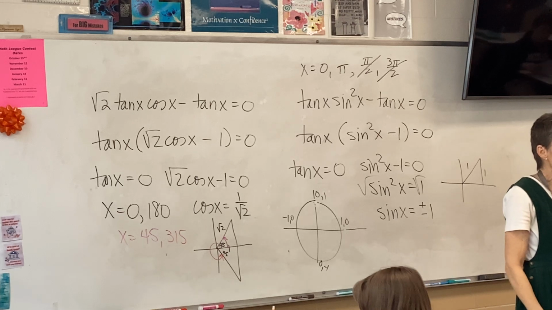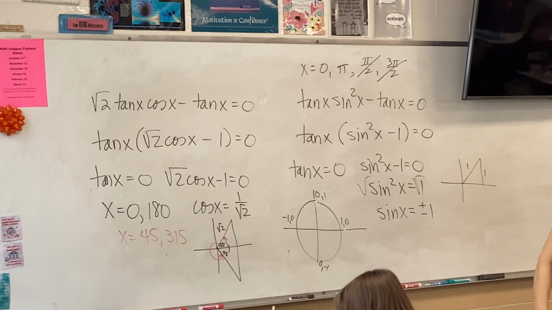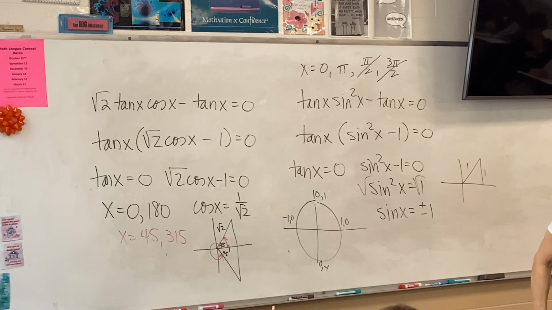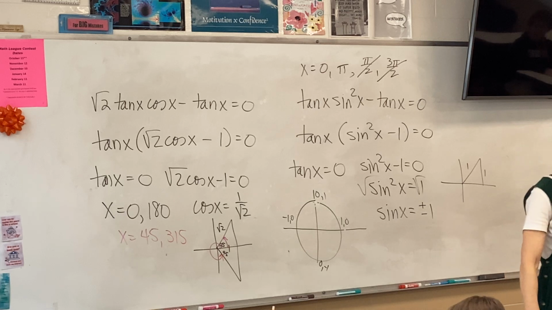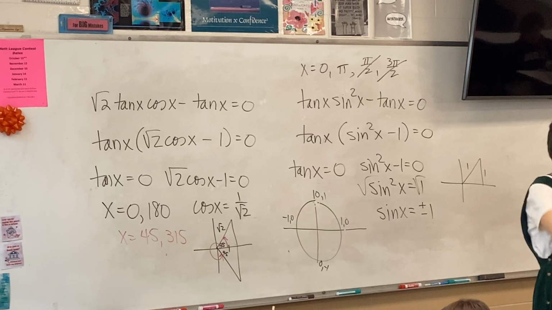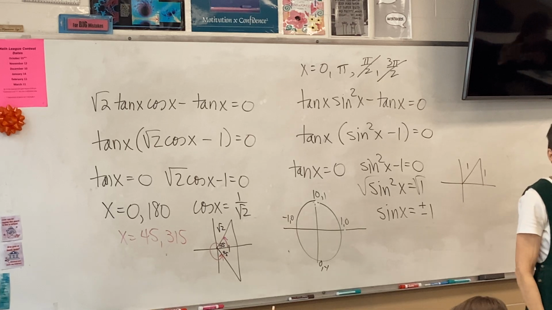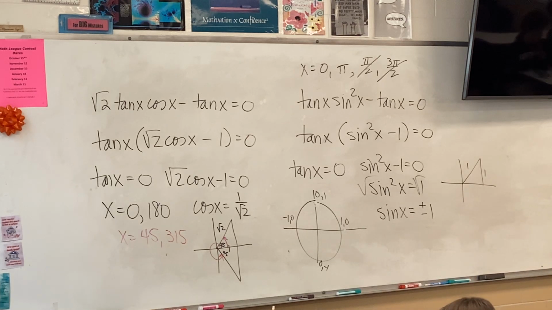If you are doing a problem that involves tangents, and you get straight up or straight down, throw it out. Sine and cosine are never undefined. So as long as your problem is all sines or all cosines, you're good. It's only tangent that's going to cause you problems, and only if you are straight up or straight down. Okay? That was a lot to take.